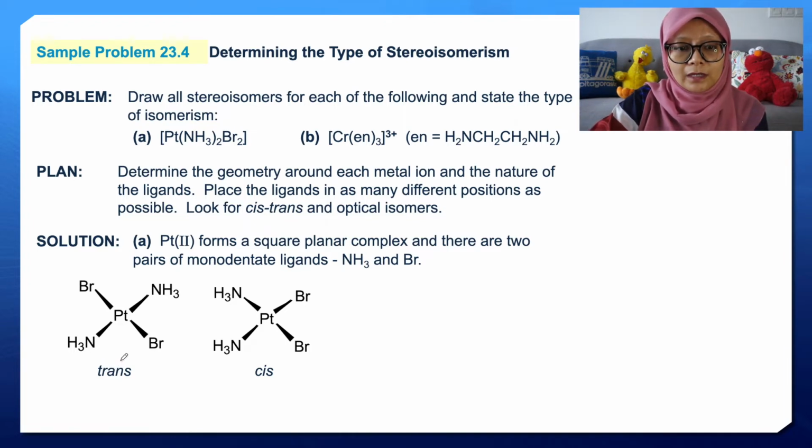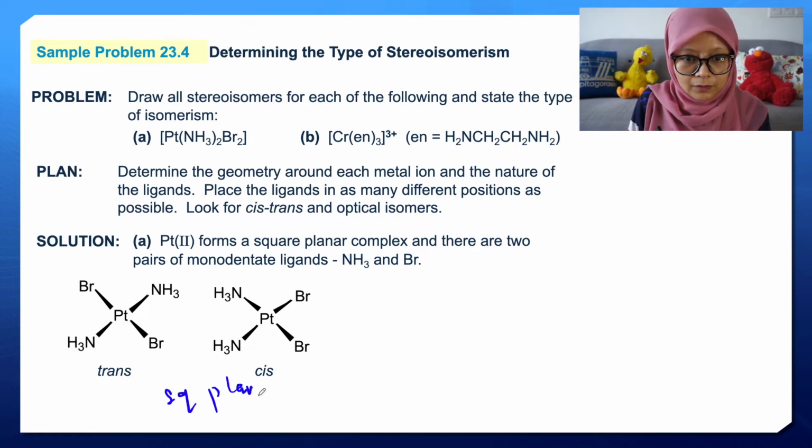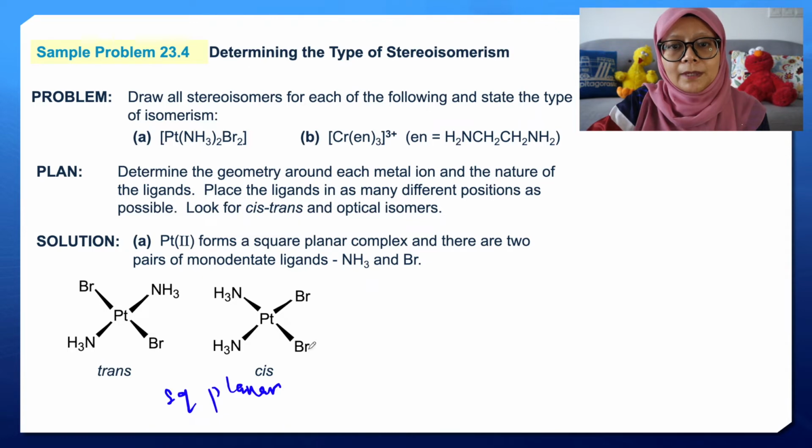For the first one, it obviously has trans and cis, because we have only 4 ligands, and this is a square planar compound. While for B, we have chromium with 3 ethylenediamine. This is tris(ethylenediamine)chromium(III), where en is the formula for ethylenediamine.